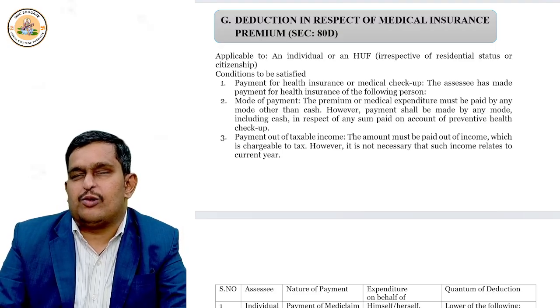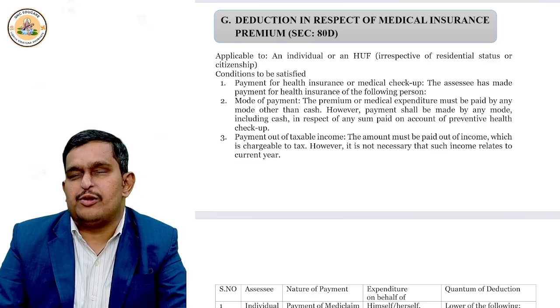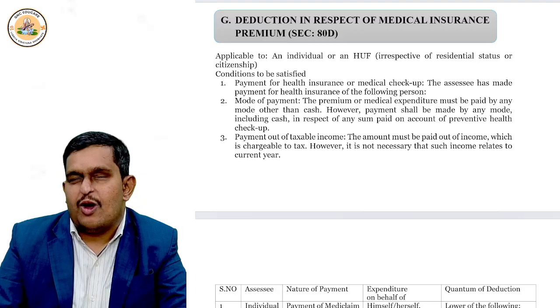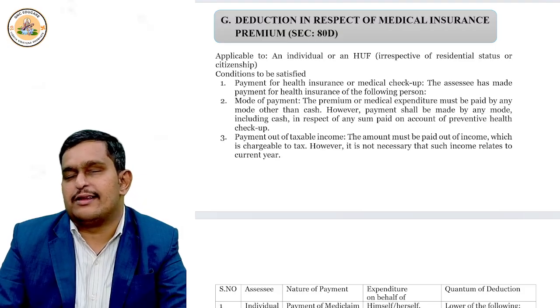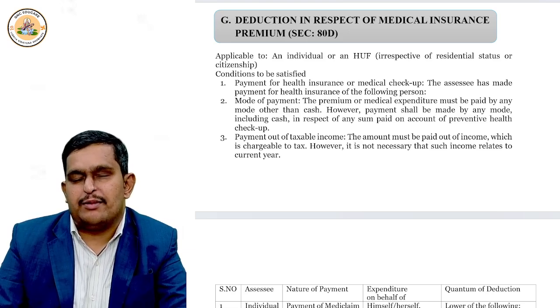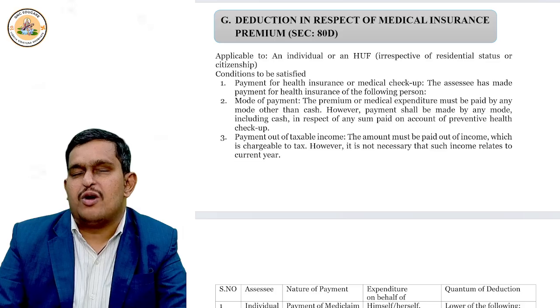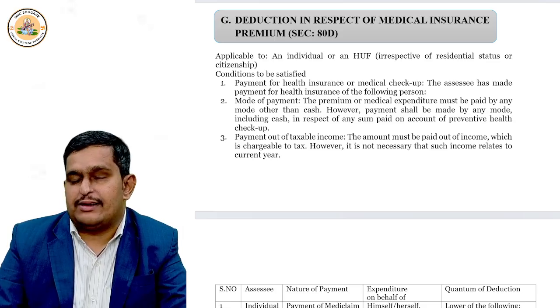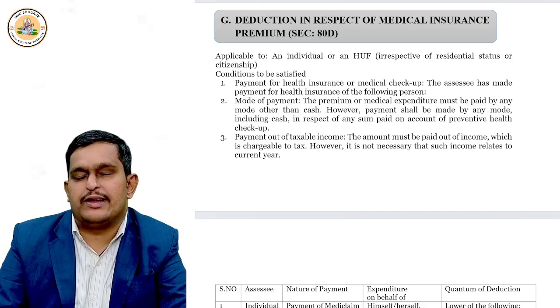Second thing, look, for health insurance premium you will pay, for preventive health checkup you will pay, for CGHS payment you will pay, central government health scheme, or you may pay for medical treatment of seniors. But the payment should be through account payee cheque, demand draft, or electronic clearance system, or any other electronic mode. But if it is preventive health checkup, you can also pay in cash. For all others, cash is prohibited if you want to claim the deduction.